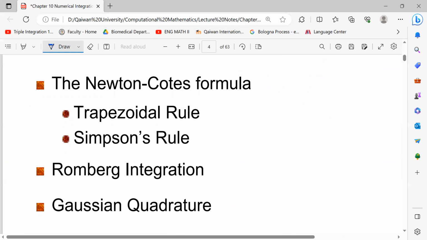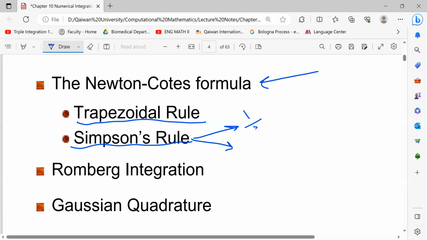First, we have the Newton-Cotes formula. We have two methods, trapezoidal rule and Simpson's rule. Here, for Simpson's rule, we have two methods: Simpson 1/3 and Simpson 3/8.